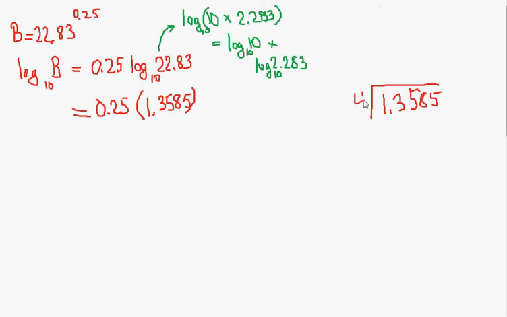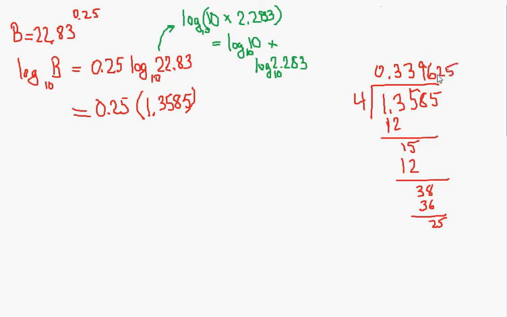So 0.3, 12, 15, get another 3, 12, 3, 8, gives me 9, 36, 25, and then 625. And again, because it's 3625 if I kept going, and because I only have a table that's only good to 4 decimal places anyway, I'll ignore the 25 and just simply write 3396.